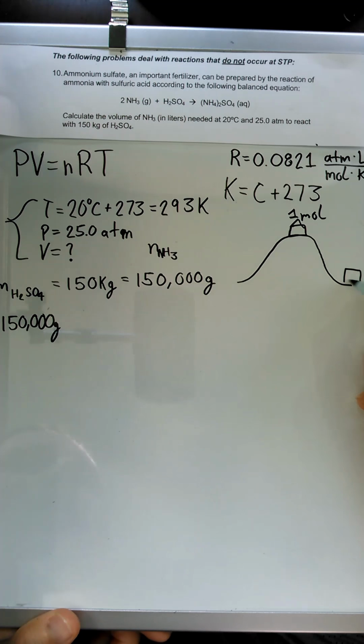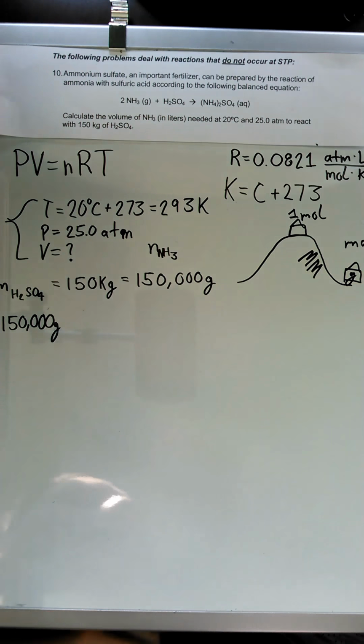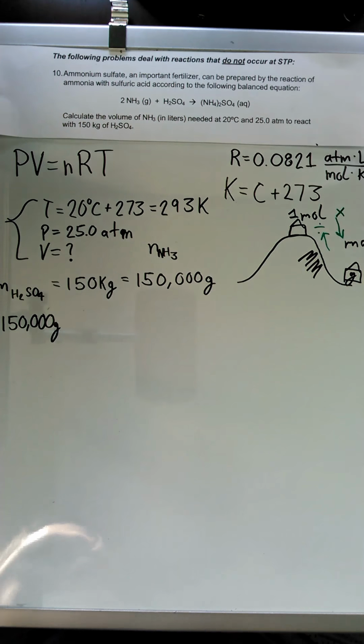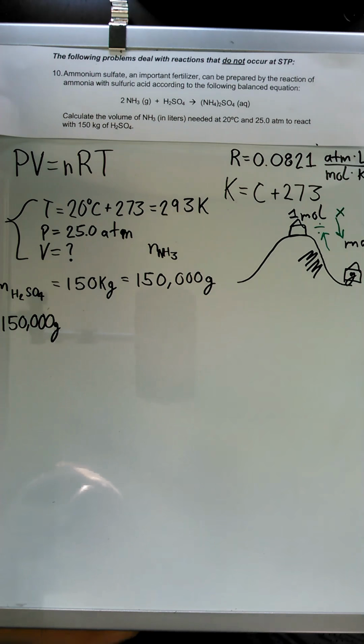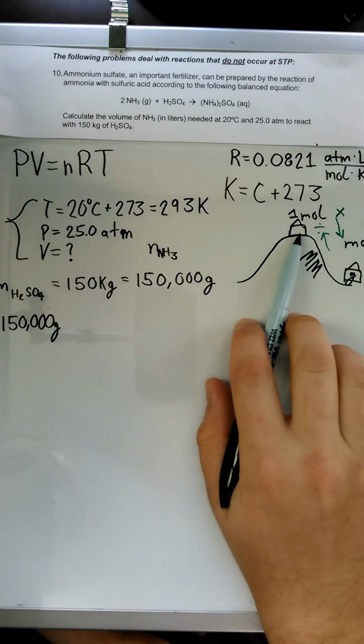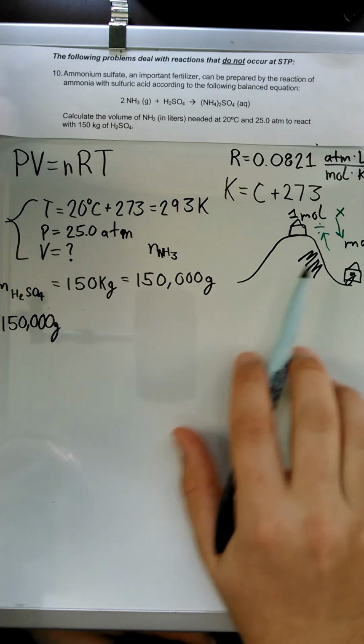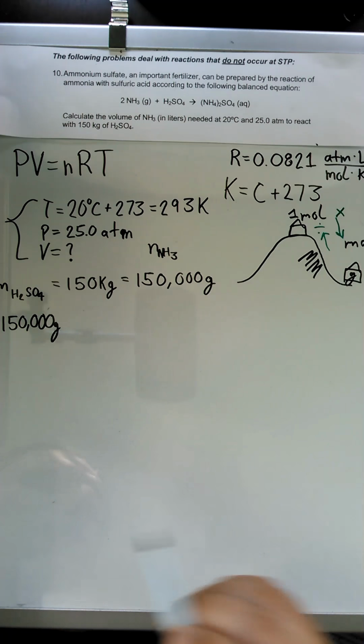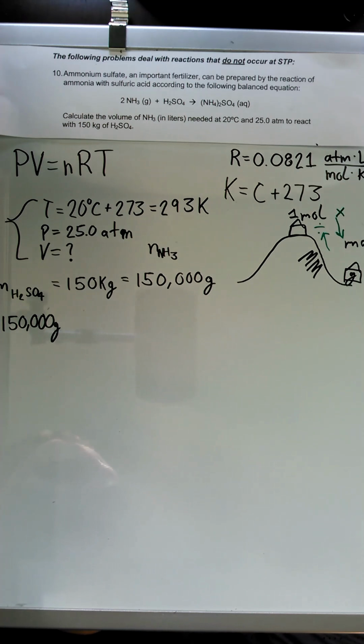At the bottom we have our mass in grams. What connects those two is the molar mass. If we're going up the hill, we divide by the molar mass. If we're going down the hill, we multiply by the molar mass. So in this case, we're going from mass to moles, up the hill, so we're going to divide by the molar mass of H2SO4.